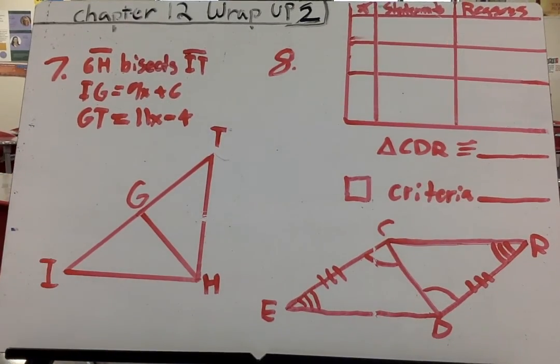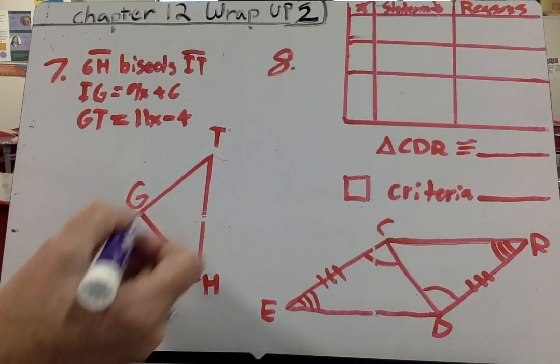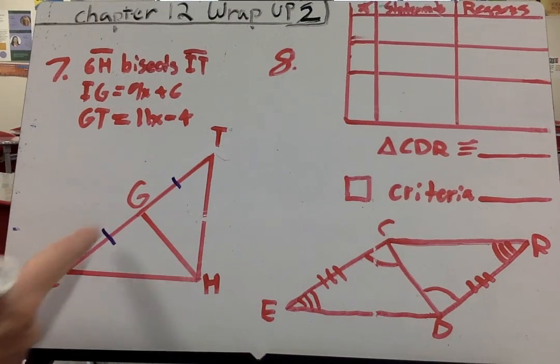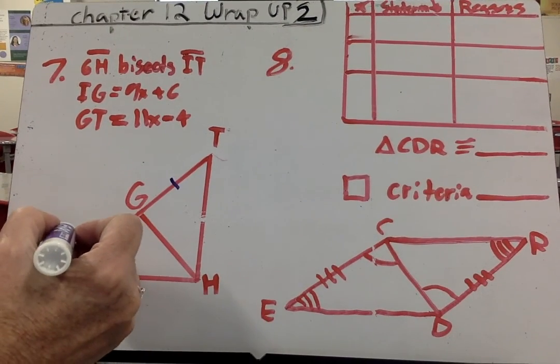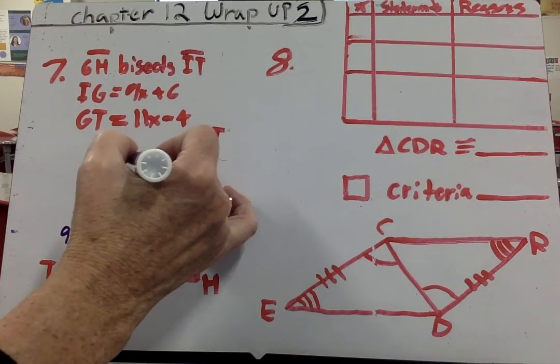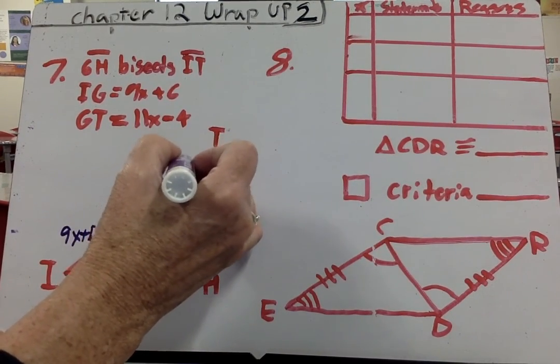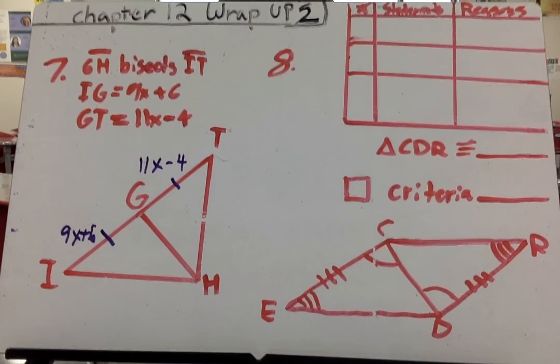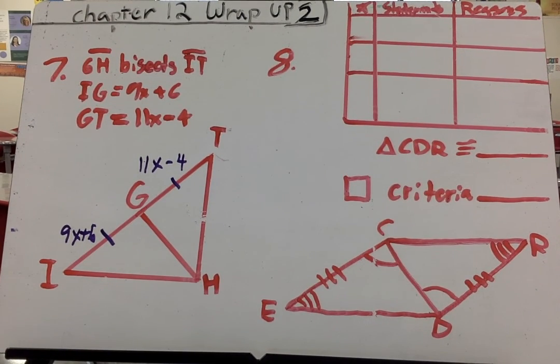GH bisects IT. Okay, so if it bisects IT, I know that this is congruent to that. Okay, so it says IG right here is 9x plus 6, and GT is 11x minus 4. So if we're going to solve for x, we can set those equal to each other.